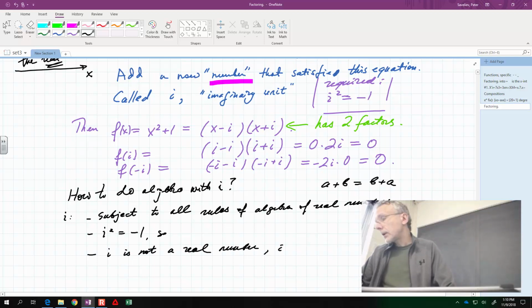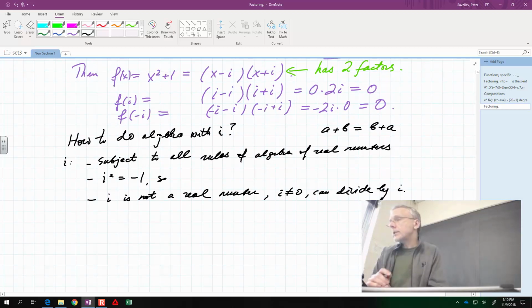In particular, it's not equal to 0. The good news is that you can divide by i. So this is the starting point. These are the properties that you can freely apply.